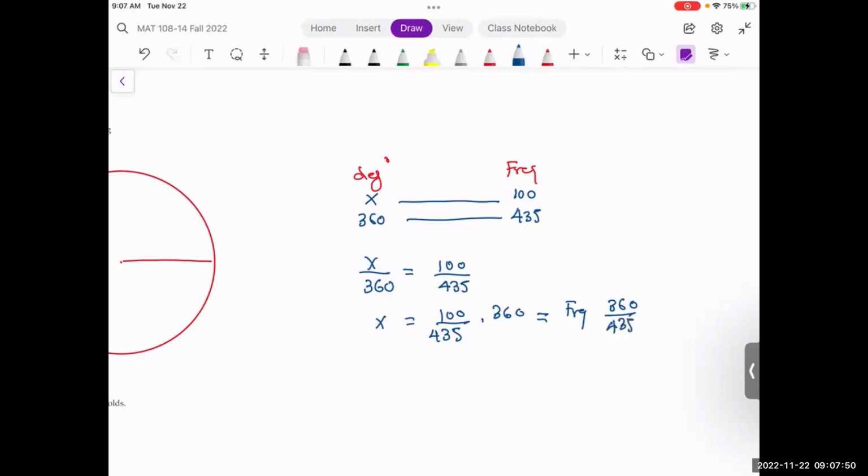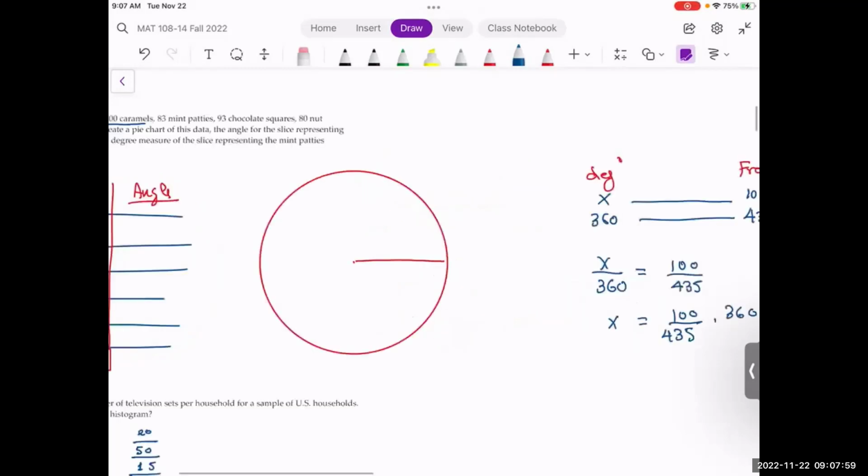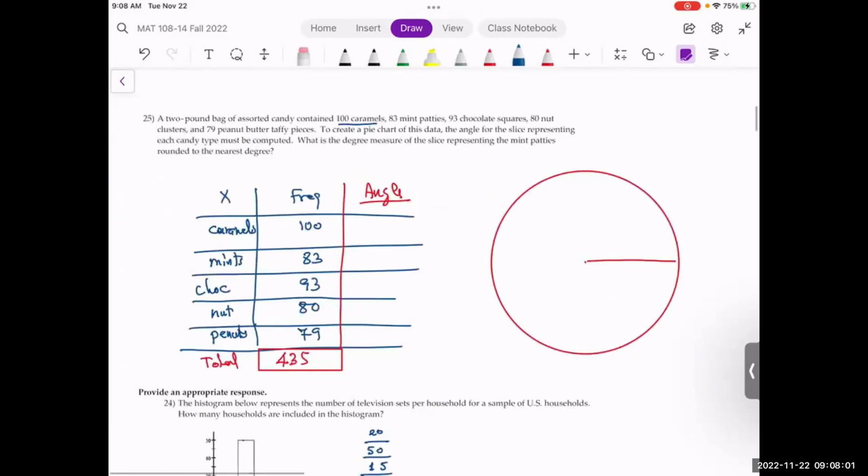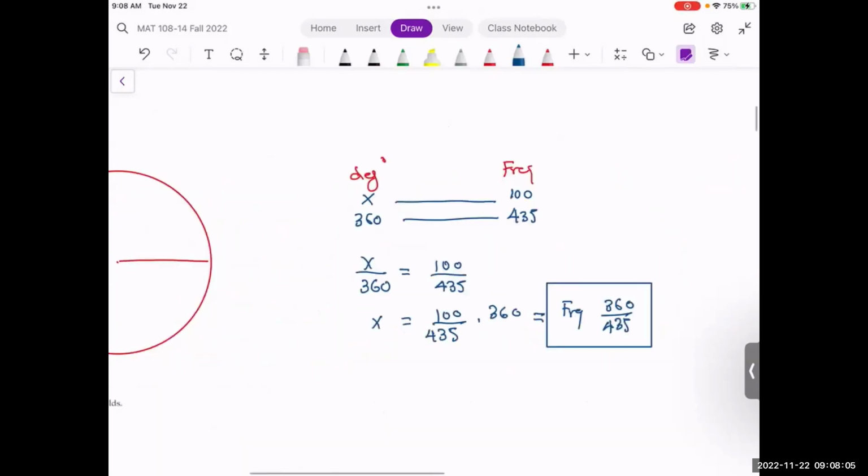You got it? So I'm just giving you the formula right now, right? So that's how I get the formula. And I just want to figure out the angles. All right, so yeah, copy the formula.